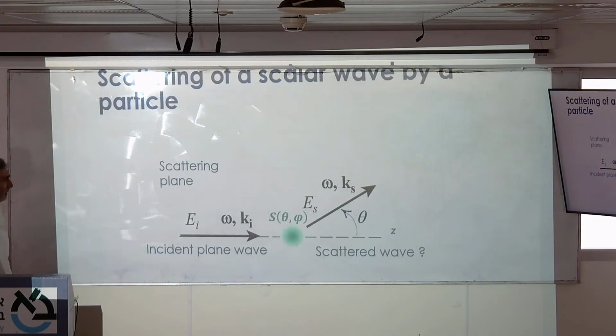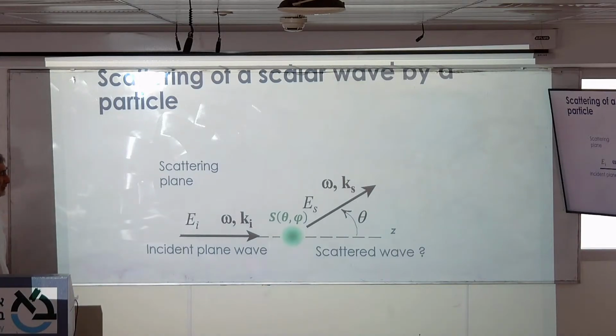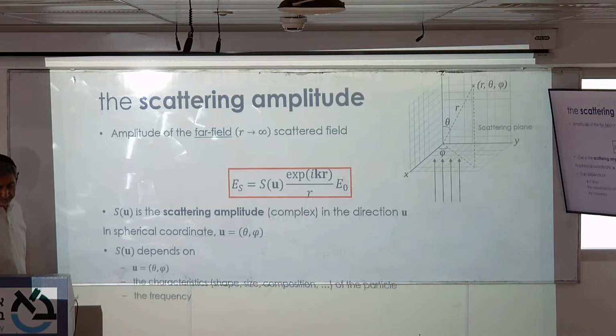So this function here, S of theta phi, is called the scattering amplitude, and is given by this function here.